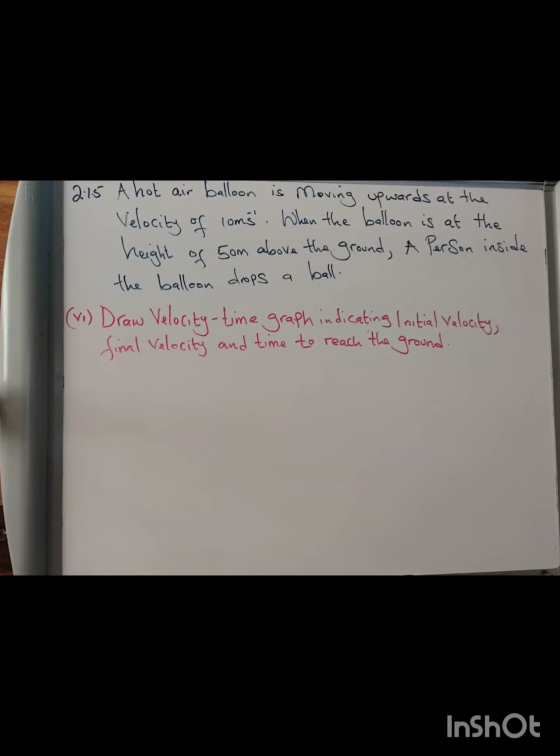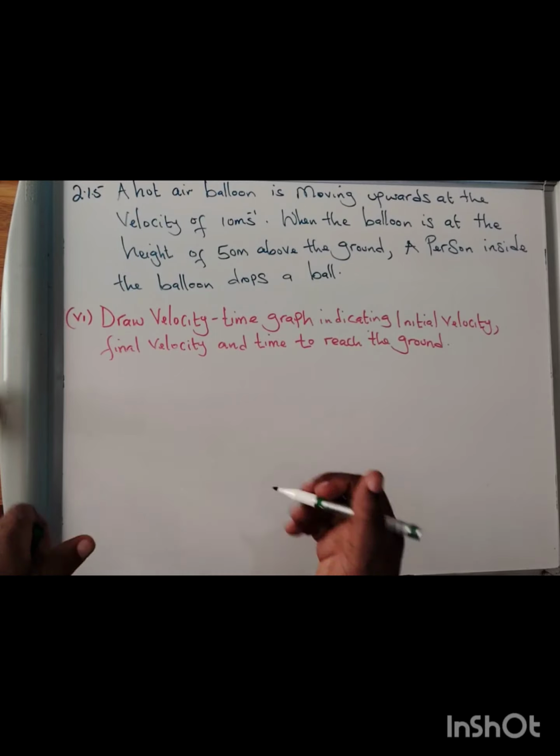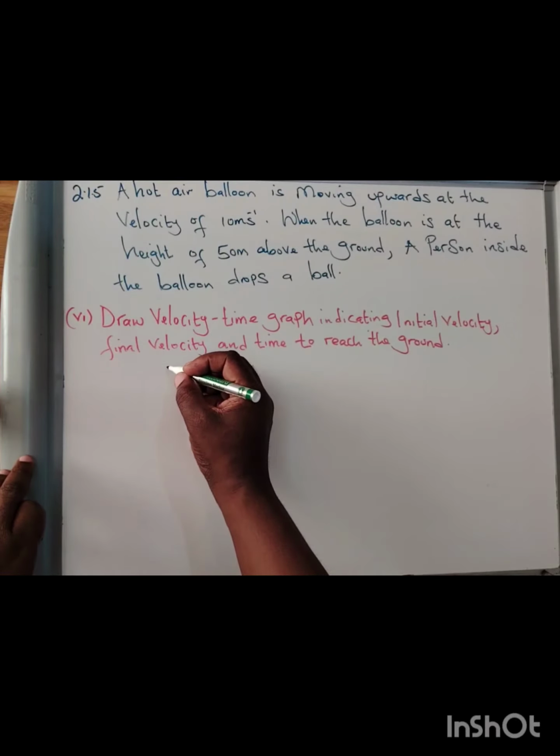Yeah, then comes this question. It says, draw a velocity-time graph indicating initial velocity, final velocity, and time to reach the ground. Okay, how do you go about this? Okay, it is a velocity-time graph.